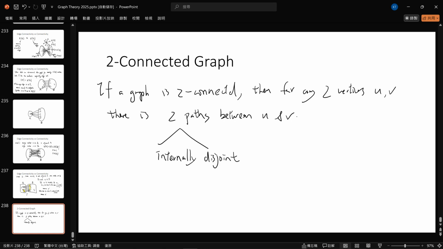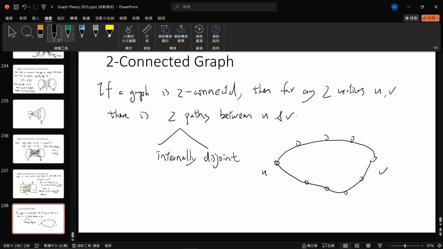These are two internally disjoint paths. Okay. So internally disjoint means these two paths that do not have common internal vertices. Okay.